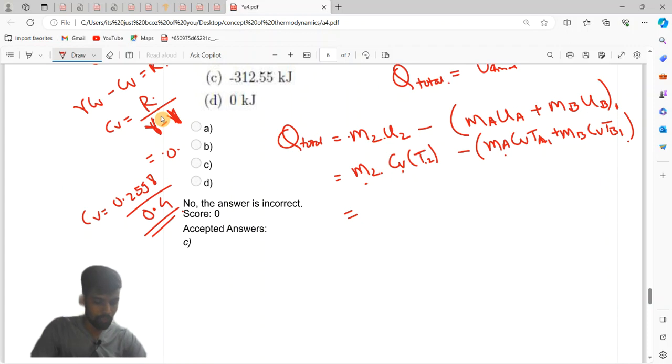Let me confirm whether we are getting the same thing. 0.2598 divided by 0.4 gives 0.6495. Let me confirm it from the set matching.